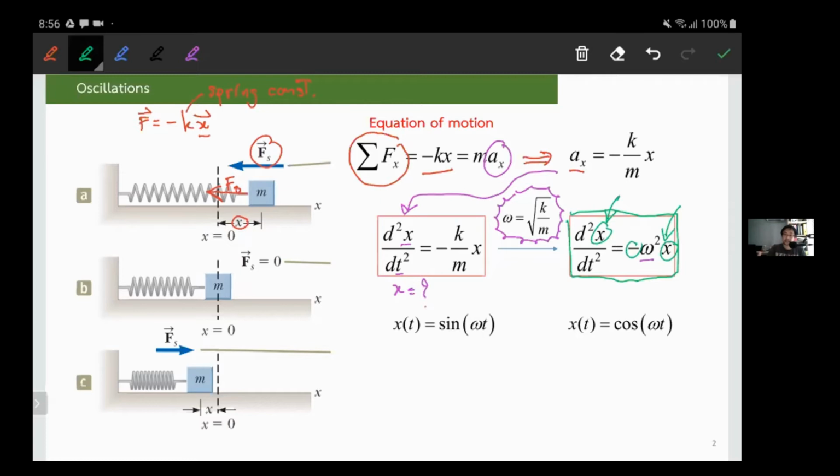What family of those functions gives you this property? There's only one answer: it must be either sine or cosine. Nothing else. Polynomial fails. Every time you differentiate a polynomial, the degree drops down.